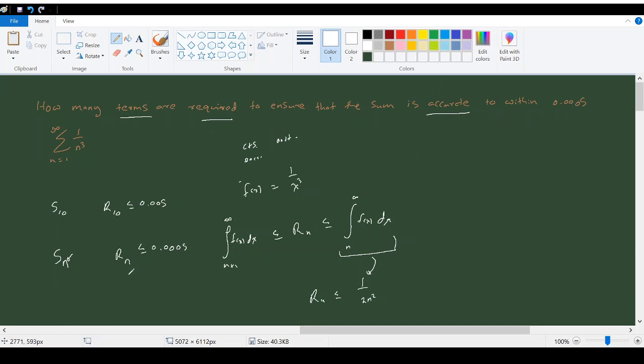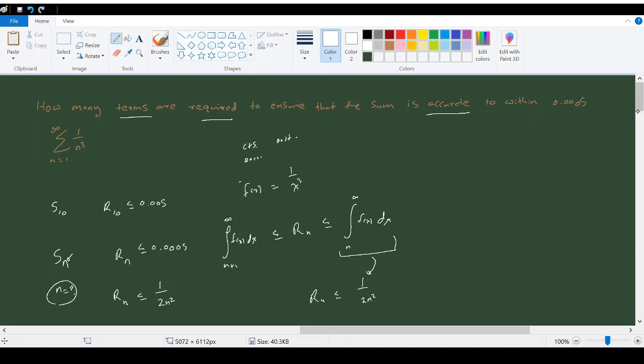That means how many terms we need so that when we add all those terms, the error should be less than this one, right? And we already know that for any given n, the error will be less than or equal to 1 over 2n squared.